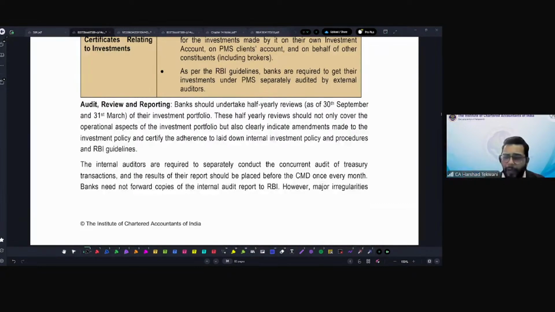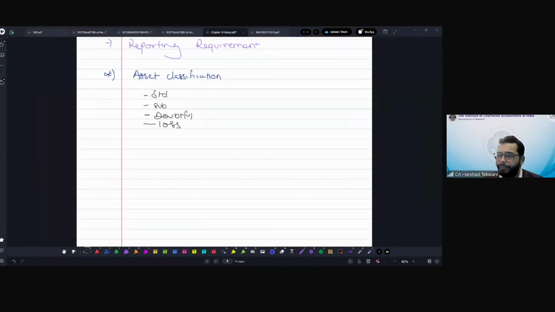Now, how are these calculated? So, what was the requirement for a substandard asset for NBFC in middle layer? Can anyone tell me quickly? Substandard asset, NBFC middle layer. Come on, guys. Substandard asset. 0.4%.